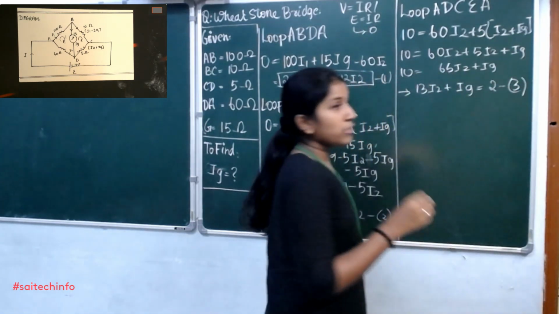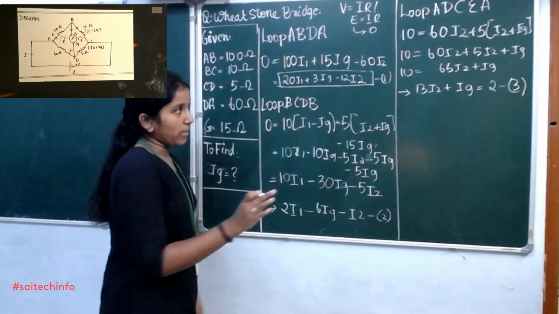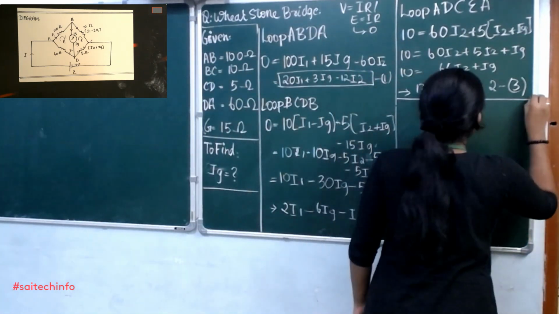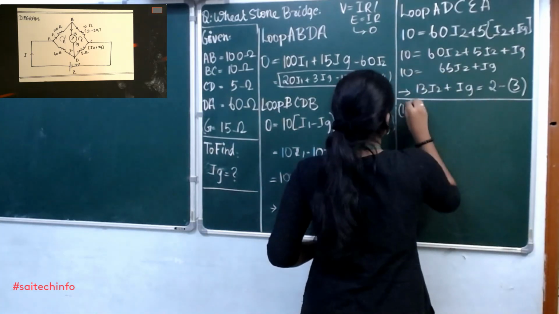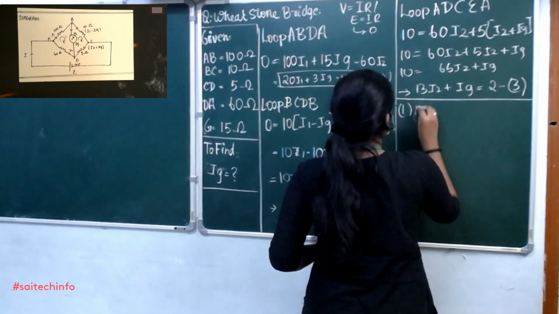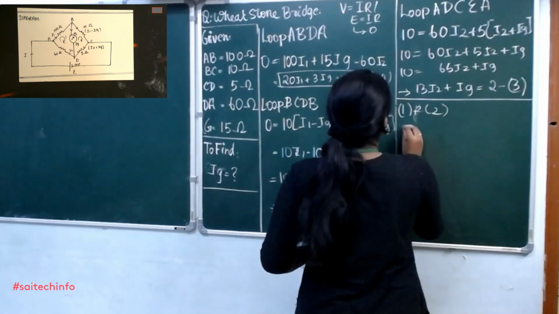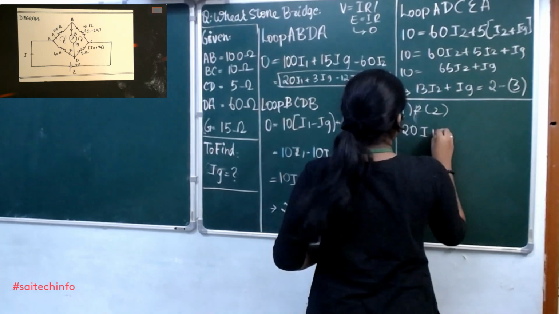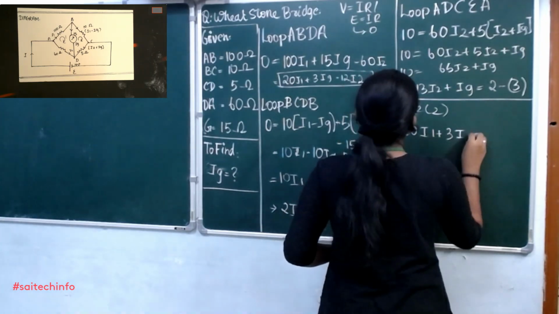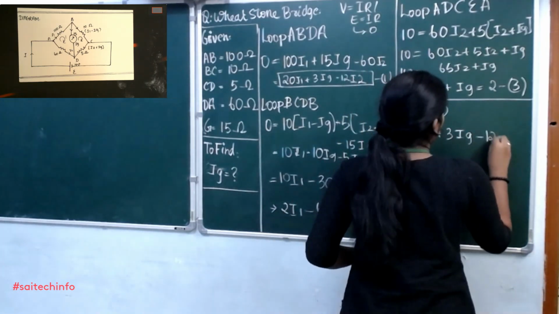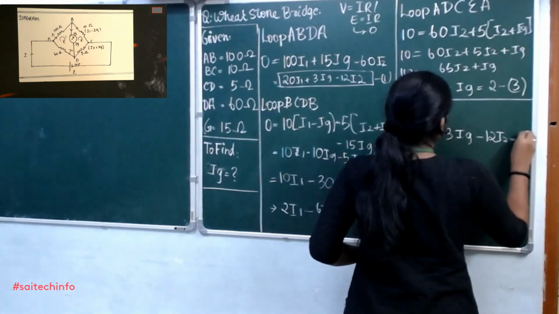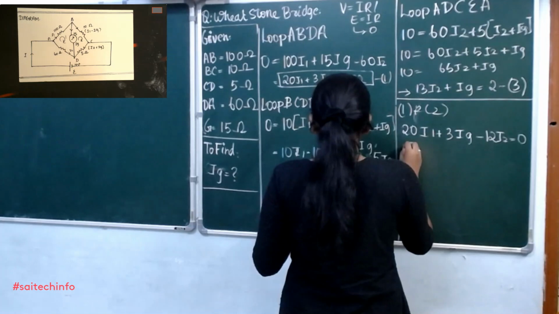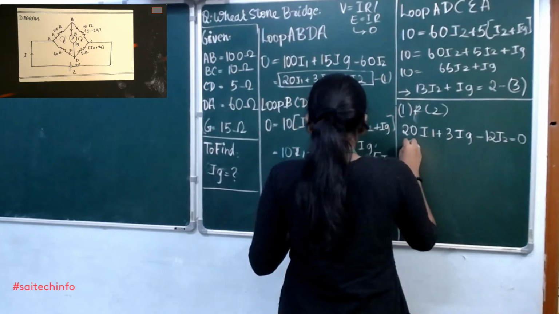So we are going to solve these three equations. We will be getting the value of the IG. So first we are taking equations 1 and 2. That is 20 I1 plus 3 IG minus 12 I2 is equal to 0 is our first equation, and the second equation we are multiplying by 10.